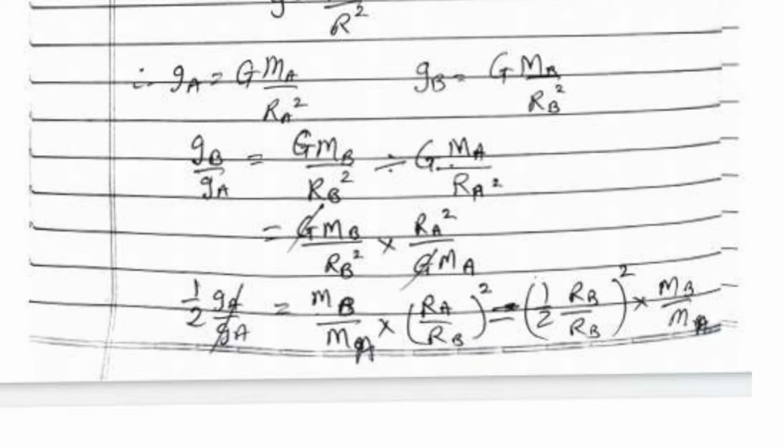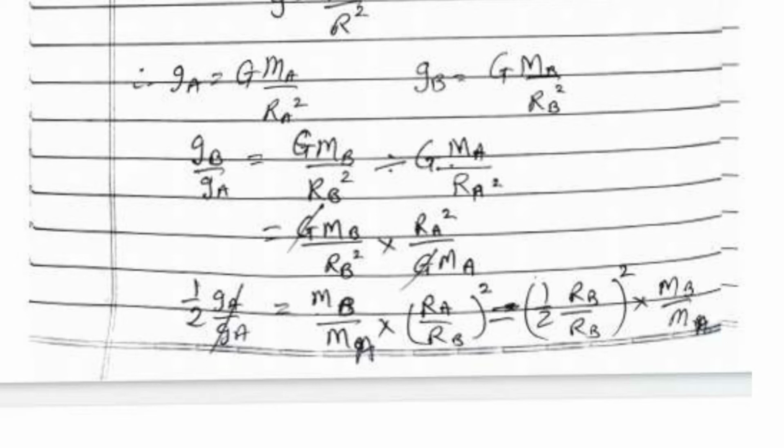In place of GB I have written half GA, and here it is MB upon MA, and multiplied by RA square upon RB square. So that is written here: RA upon RB the whole square. Okay, so that way the same type of things are taken together.